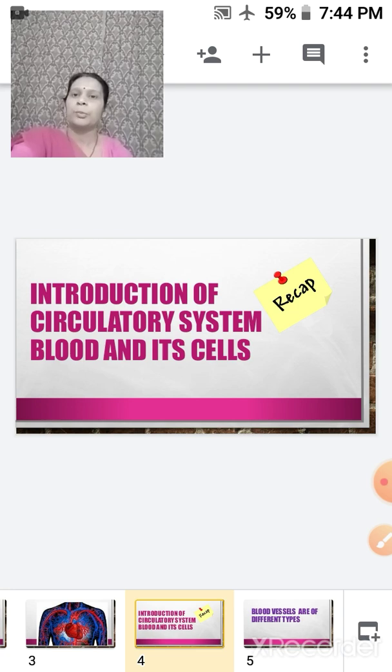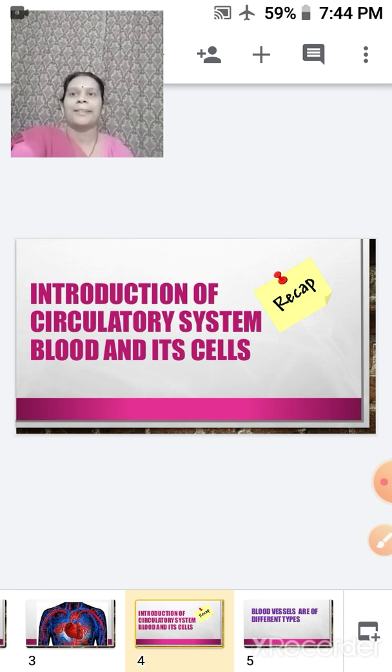This transport takes place by the system called circulation, and we say it's your circulatory system. It is with this system only that elimination of waste also takes place.